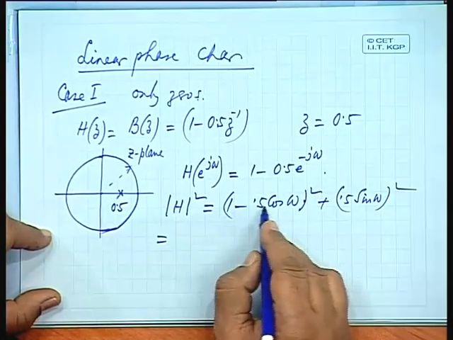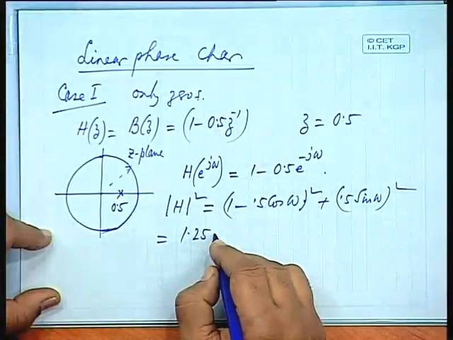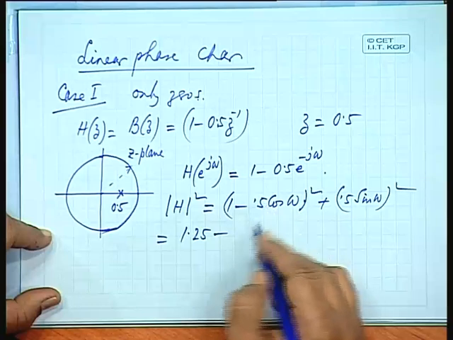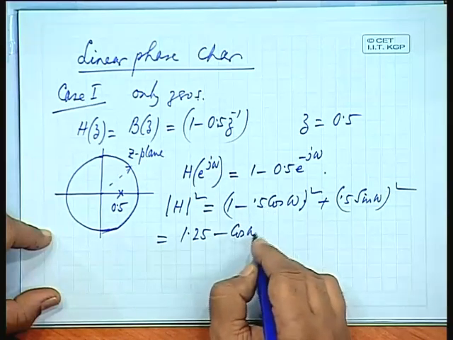So, that gives me 1 plus 0.25 (0.5 squared) times cos squared ω plus sin squared ω. So, 1.25 and then minus 2 into 0.5, so 1 into cosine ω.